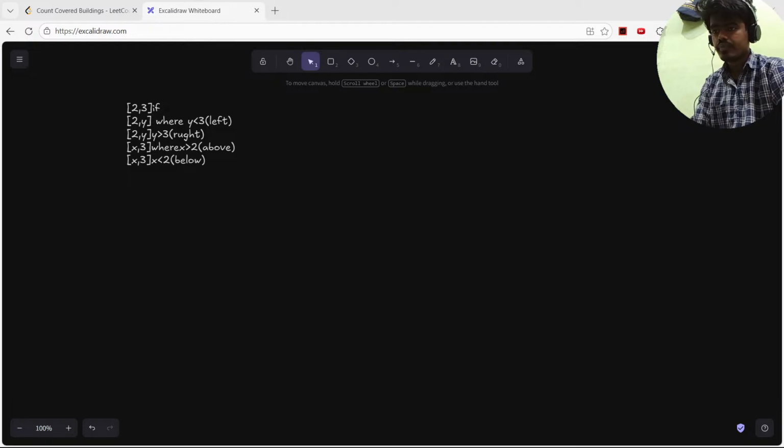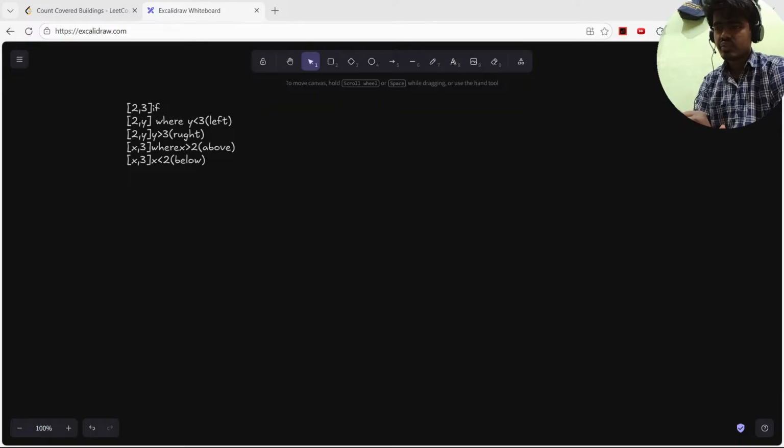Checking every possible pair of buildings would be inefficient, so we can organize the data to make these checks fast.